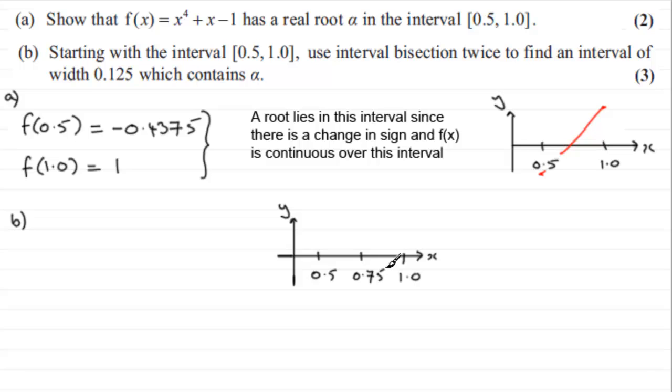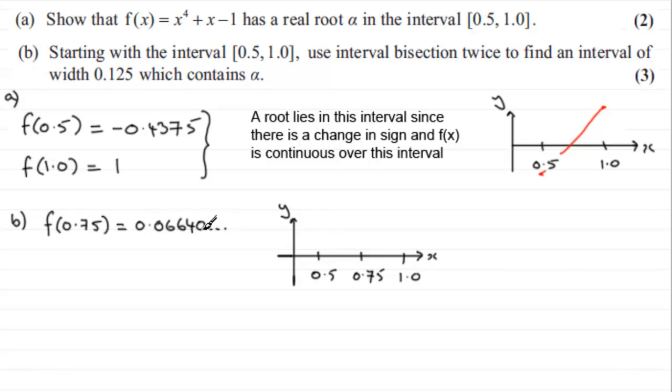And so what we want to do is find out what f of 0.75 is going to give us. Is it going to give us a positive value or a negative value? And by that we'll be able to determine which interval, whether it's this interval or this interval, that the root lies in. So if we do f of 0.75, put x is 0.75 in here, work it out, what you find you get is 0.06640 and so on.